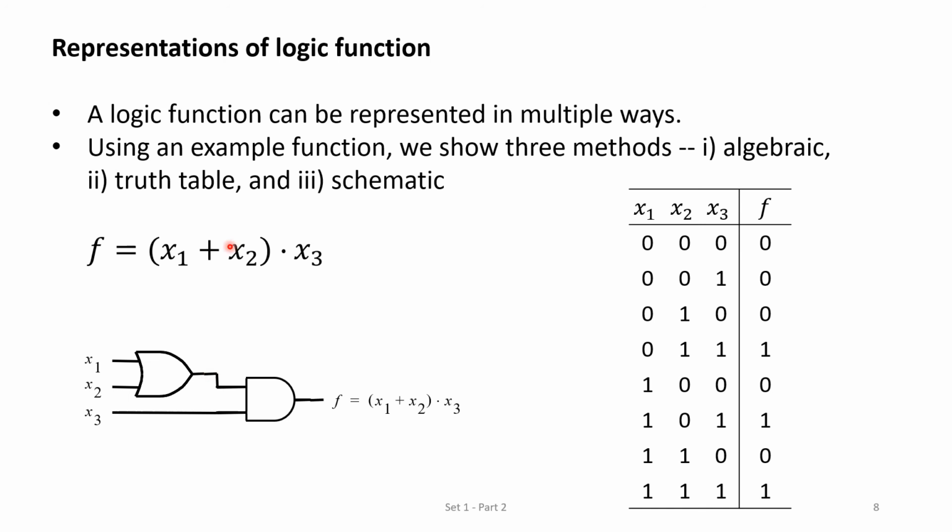This corresponds to this plus operation or OR operation. So the output of this OR gate is what we get from this expression in the parenthesis. The result is then ANDed with x sub 3, and that's the output f.